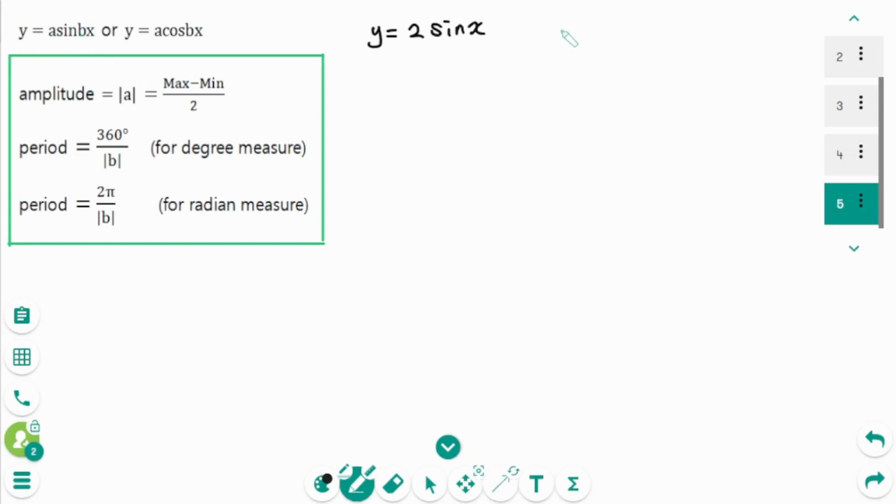Here, a equals 2 and b equals 1. The amplitude is absolute value of a, which is 2. Then period is 2 pi over absolute value of b, which is 2 pi.